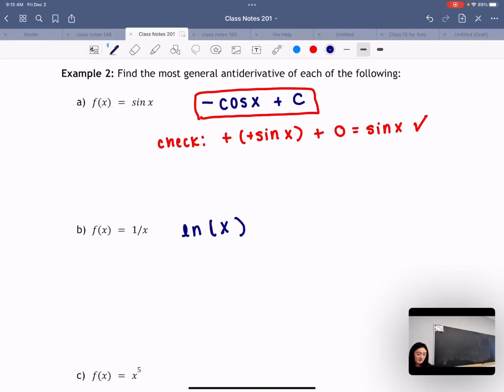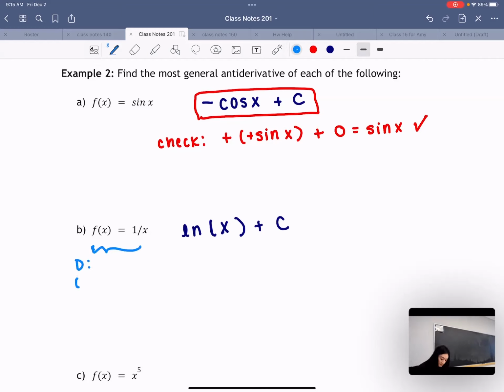Now there is something I do want to talk about with this one. Oh, what am I forgetting when I write ln of x plus c? Good. And the derivative of ln of x is 1 over x. Now this one's actually a little bit tricky, and the reason it's tricky is because of the idea of domains here. So before we go on, let me just ask you, what's the domain of 1 over x?